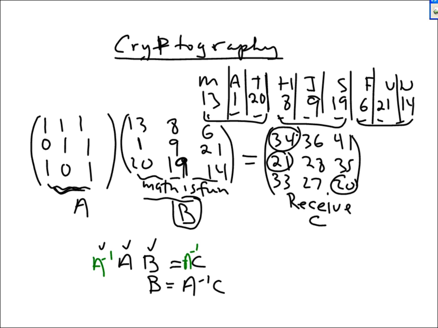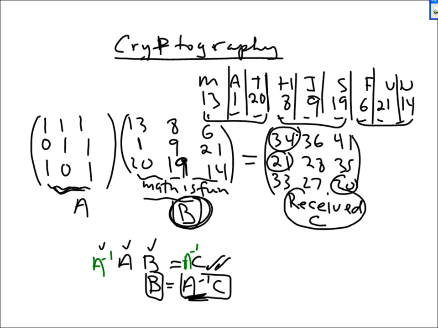Oh, you mean the matrix that I want the person to ultimately have is A inverse times C. They have C. You mailed them C. All you have to do is also tell them the day before, hey, John, or hey, Julio, here's A inverse.